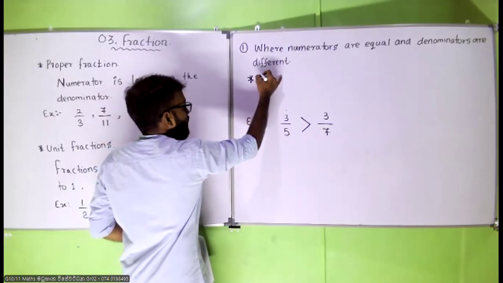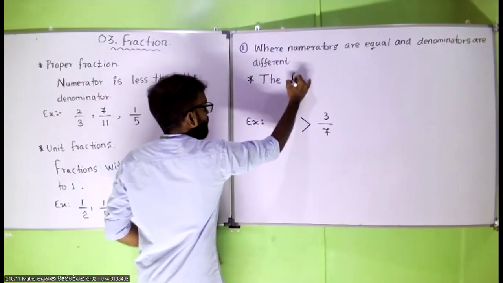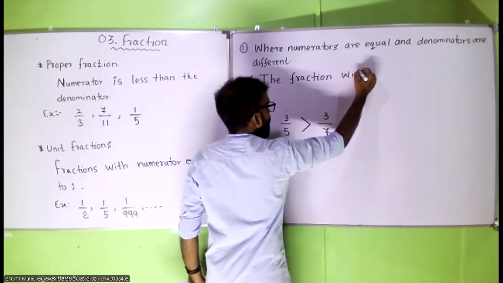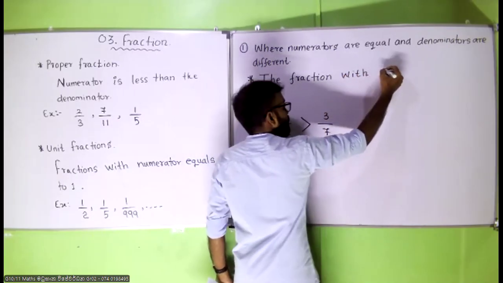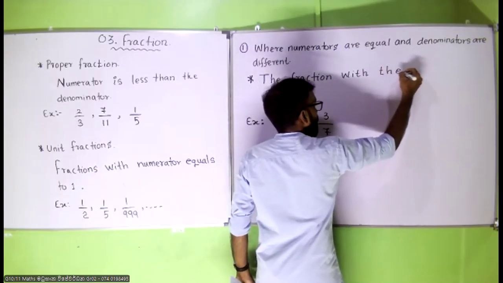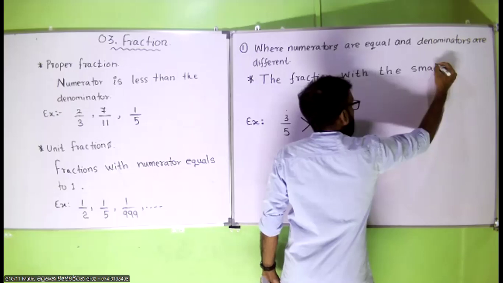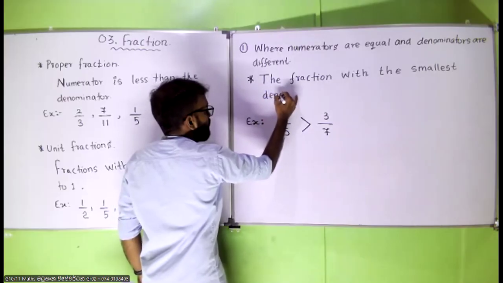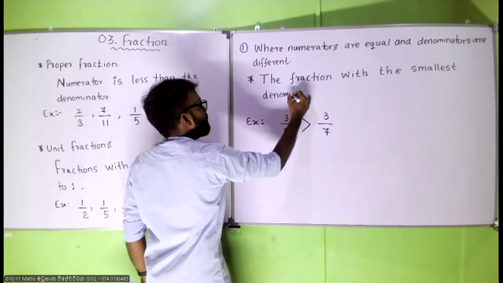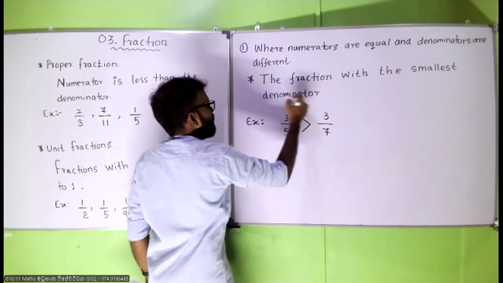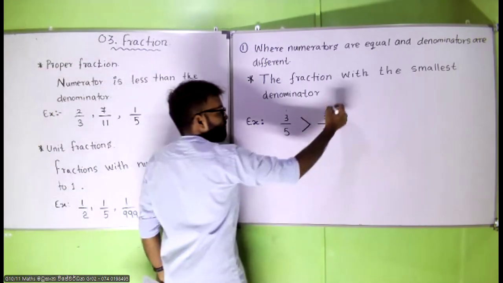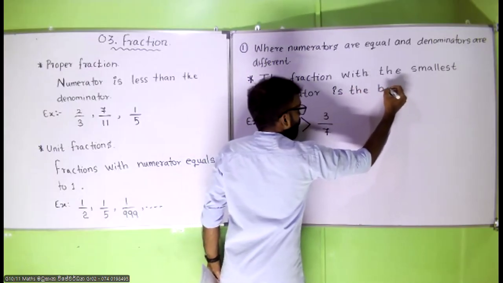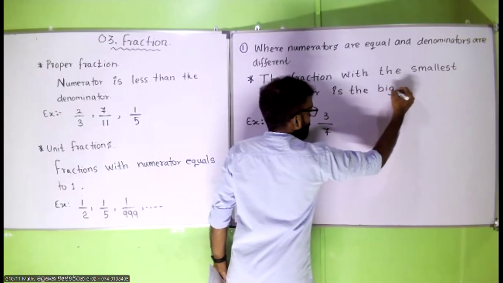So please write down: the fraction with the smallest denominator is the biggest, or the larger, whatever.